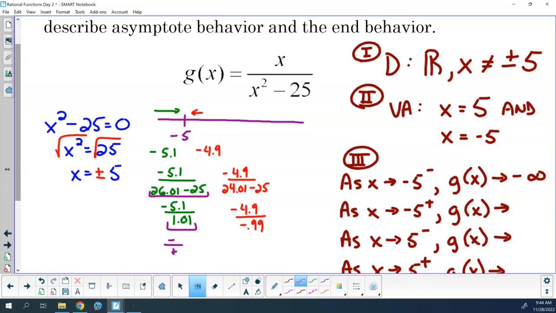Negative divided by a negative here, because again, this number right here, just like that number right there, is going to get closer and closer and closer to 25, which means this number is going to get smaller and smaller and always being negative, negative divided by a negative, this one's going to go to positive infinity.